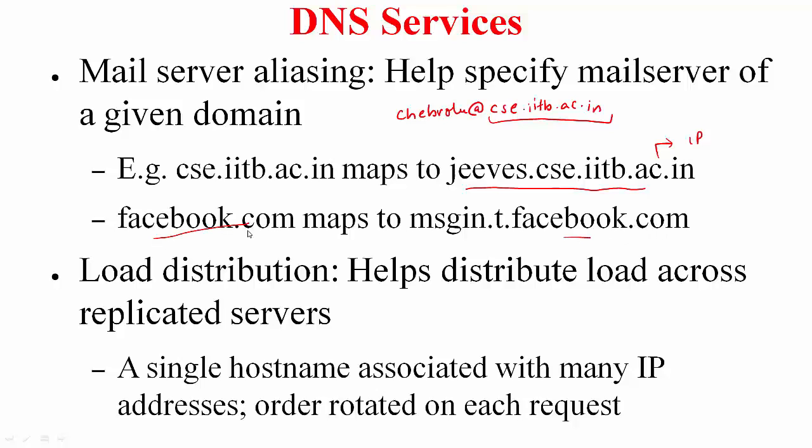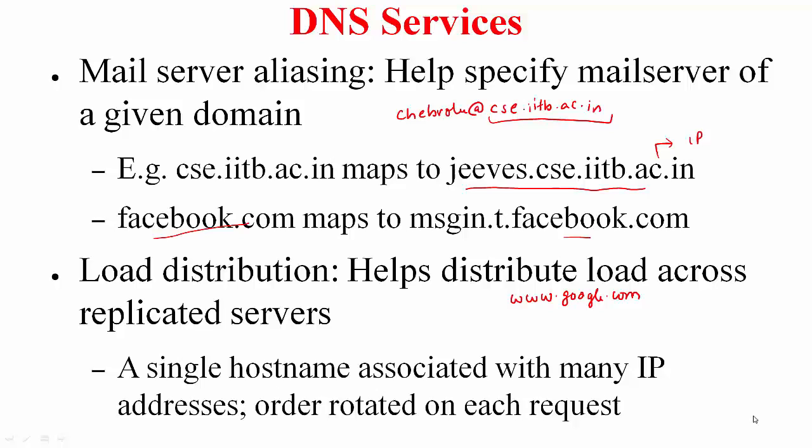Yet another service provided by DNS is load balancing. I had mentioned this earlier. You normally don't run a single server, you run a server farm to handle the many clients. For example, when you type www.google.com, which is the web server of Google, the incoming client connections could be directed to one of many servers.